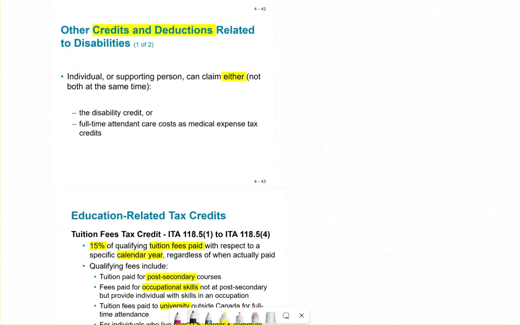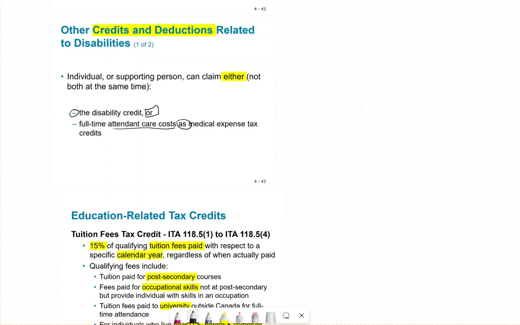Now we are allowed other credits and deductions. So this individual or supporting person can claim either one, not both. So you could have a disability credit or full-time attendant care costs as a medical expense, a medical expense tax credit. So you're not allowed to do both.